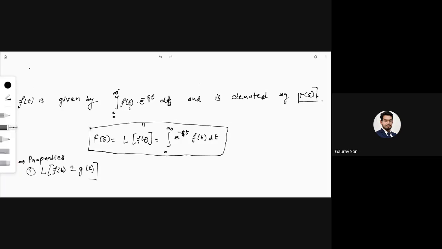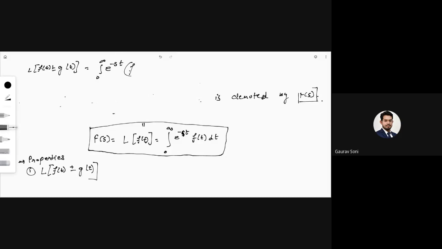Laplace of f of t plus minus g of t, we know that the Laplace transform of a function is given by integral 0 to infinity e to the power minus st, and the function whose Laplace transform we want, that will be f of t plus minus g of t, and you will have dt over there. So now let's open the bracket.